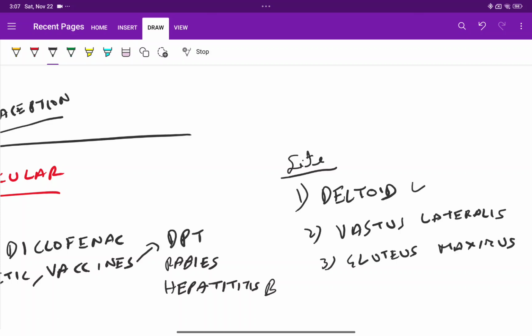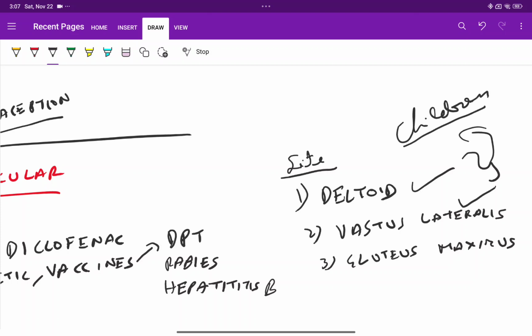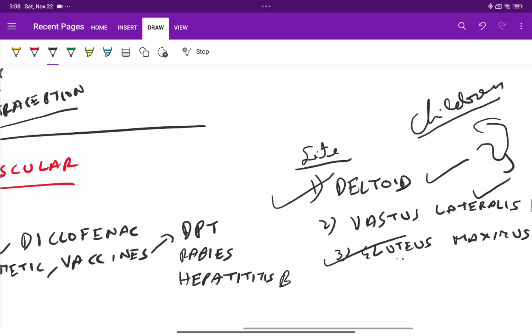Deltoid and vastus lateralis are more preferred in children because the gluteus maximus is not properly developed in children, and there is a risk of nerve injury. In adults we can give in the deltoid and the gluteus maximus region.